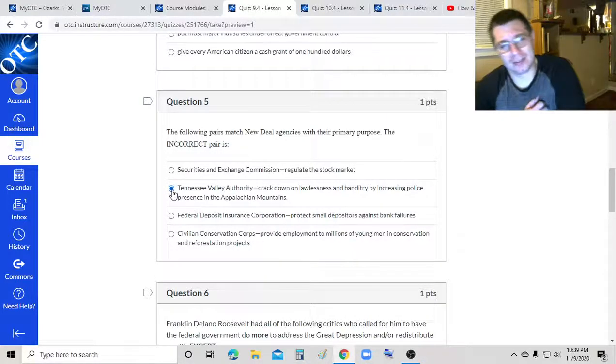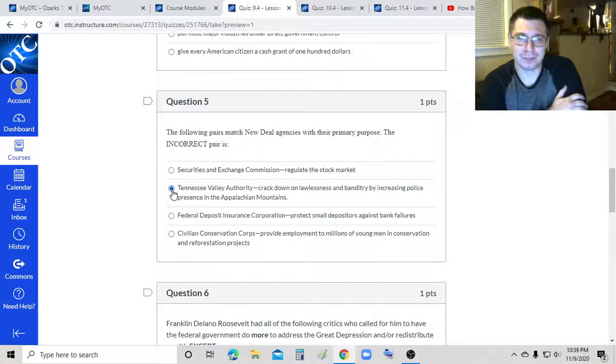The Tennessee Valley Authority was set up to build electricity lines and hydroelectric dams and fertilizer plants, a bunch of different things in the Appalachian region. FDIC, protect against bank failures, yep. And Civilian Conservation Corps to work in conservation and reforestation, yes. So incorrect one is this one, the TVA.